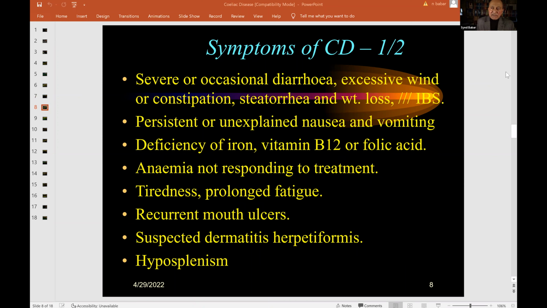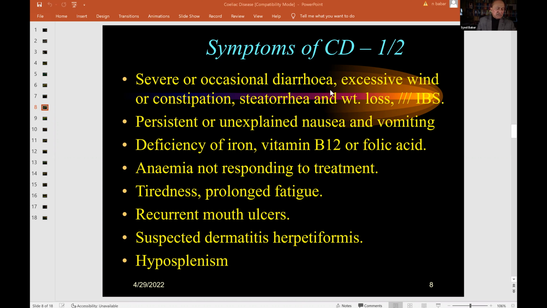So let's now look at various symptoms produced by activated celiac disease. So usually there is severe or occasional diarrhea and bloatedness, sometimes constipation, sometimes steatorrhea and weight loss.